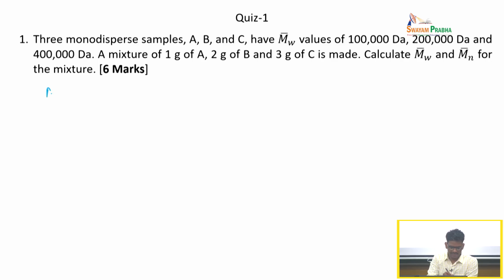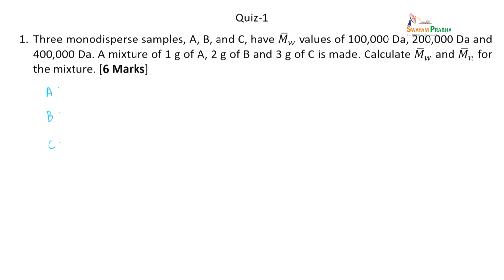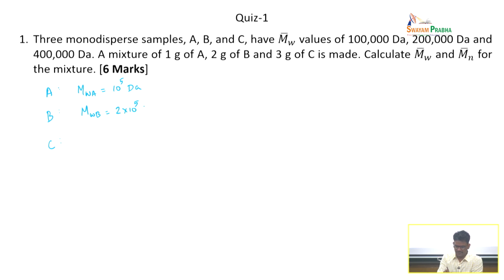So we got samples A, B, and C. Okay, we got 3 samples. Sample A has a molecular weight of 10 power 5 Daltons, and sample B has 2 into 10 power 5 Daltons, and sample C has 4 into 10 power 5 Daltons.